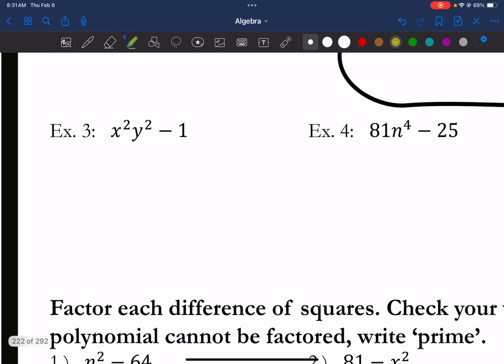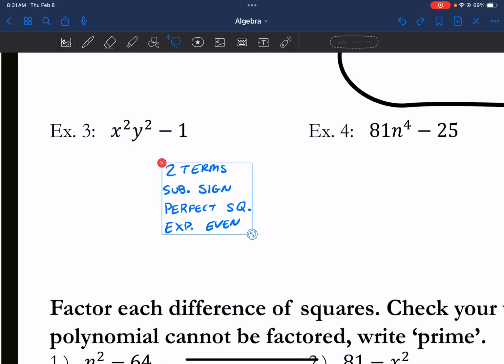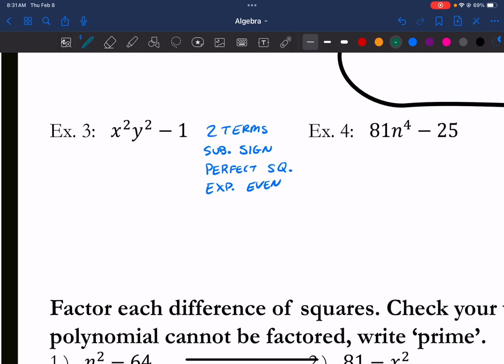Try that again for example number 3. So I'm going to copy and paste my list. We're going to check to see, are there two terms? Yes. Is there a subtraction sign? Yes. Perfect squares, 1 and a 1. Yeah, those are perfect squares. And are the exponents even?